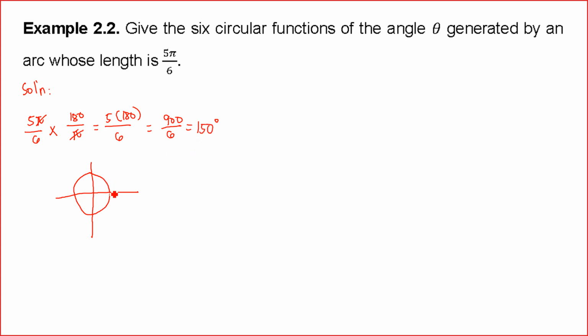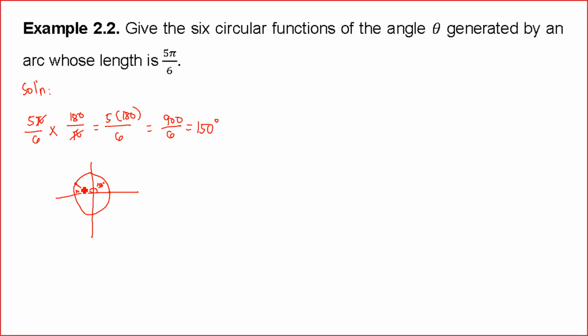Therefore, from the initial side going to the terminal side, somewhere here, this would be the angle. So we have the 150. The terminal side lies on the second quadrant, and the reference angle of this one is 30 degrees, remember?